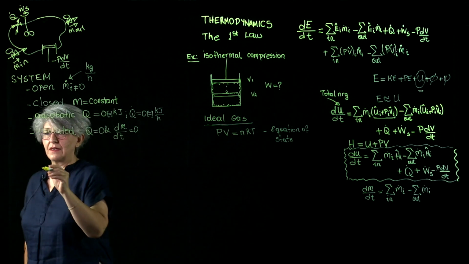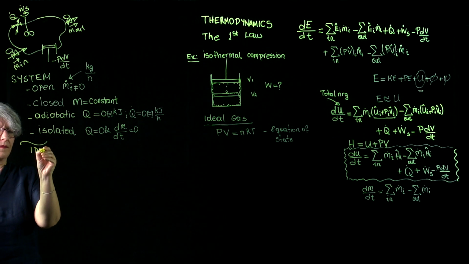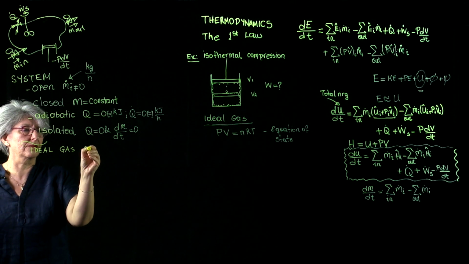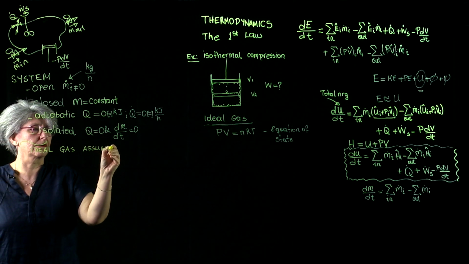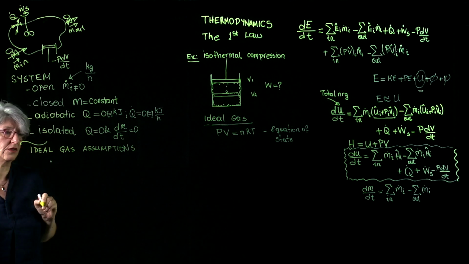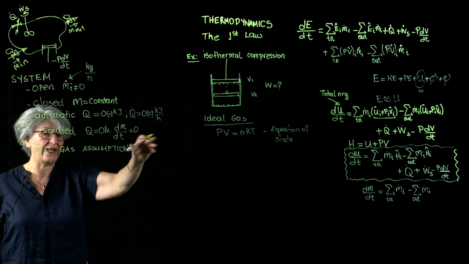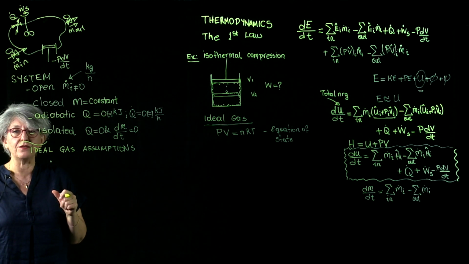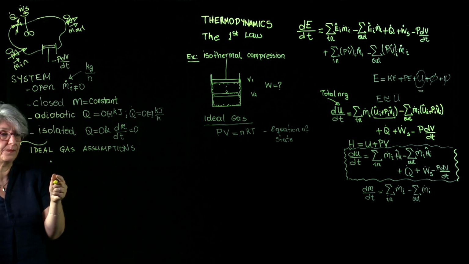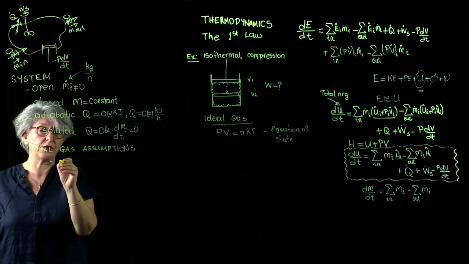Now let me write on the side of the board. In order for a gas to behave like an ideal gas, to follow that relationship, it has to have the following characteristics. Number one, there should be no interactions between the molecules.